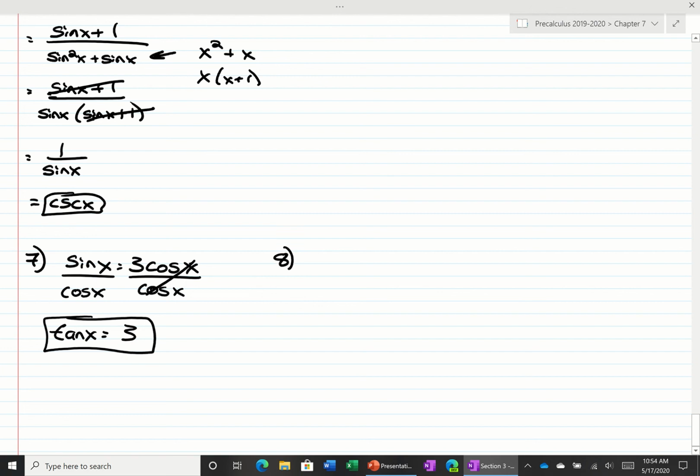For problem number 8, same idea here. We have cosine of x is equal to cotangent of x. Let's get a single trig function by itself. I'm just going to divide on both sides by one of them. It doesn't matter which one we do. I'll just divide both sides by cosine.